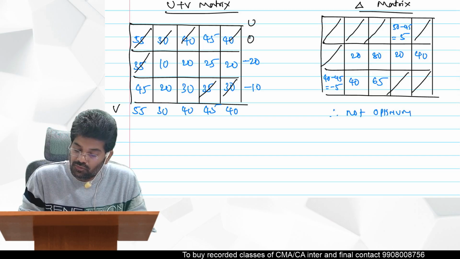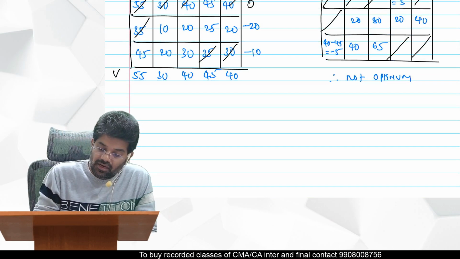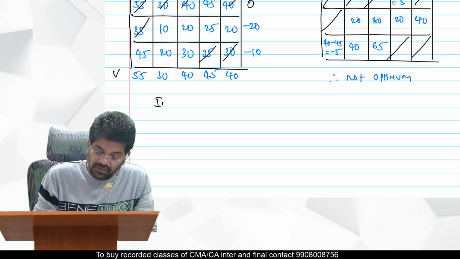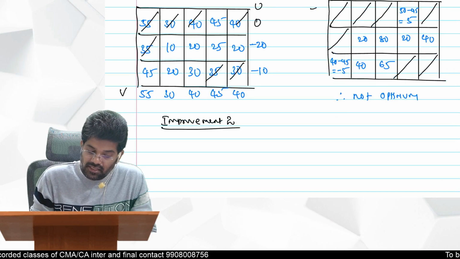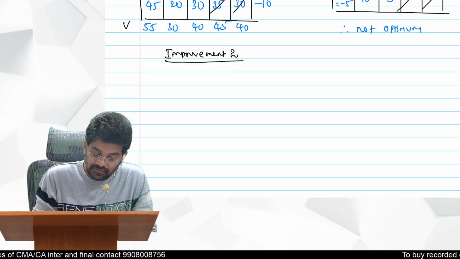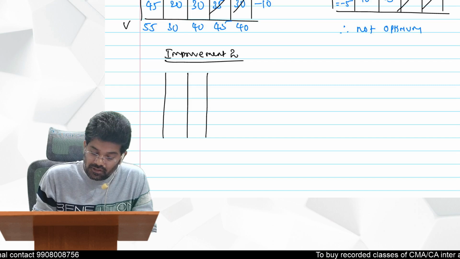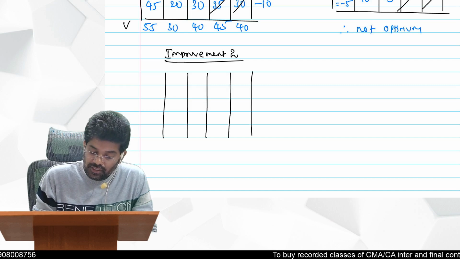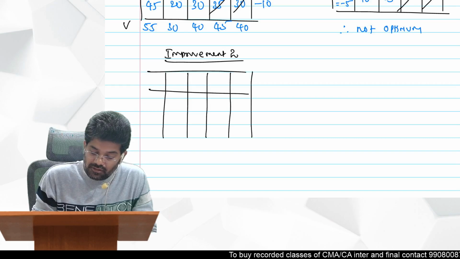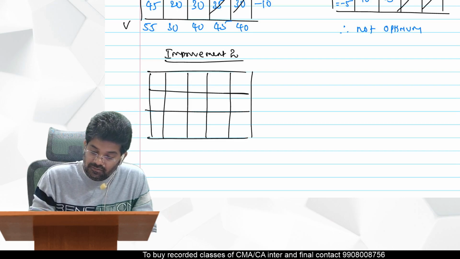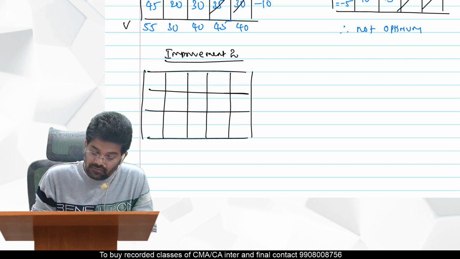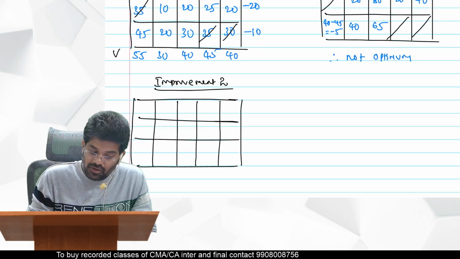So one more improvement is there, improvement number 2. So again we should prepare a loop matrix using this only, change matrix. Improvement 2.